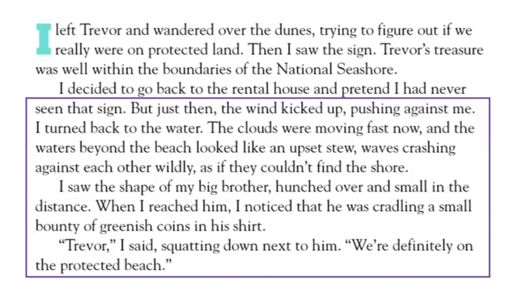The clouds were moving fast now, and the waters beyond the beach looked like an upset stew, waves crashing against each other wildly, as if they couldn't find the shore. I saw the shape of my big brother, hunched over and small in the distance. When I reached him, I noticed that he was cradling a small bounty of greenish coins in his shirt. "Trevor," I said, squatting down next to him, "we're definitely on protected beach."